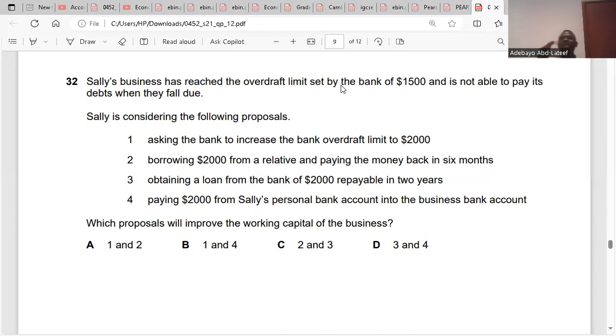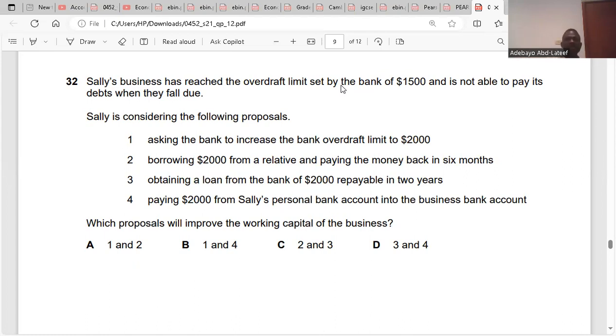If not, you can try a long-term loan, which you are going to pay over a long period of time, because you already have a short-term loan that you are unable to pay. Do you understand? So to improve your working capital as an owner of a business, either you put your own wealth into the business or you seek a long-term loan.